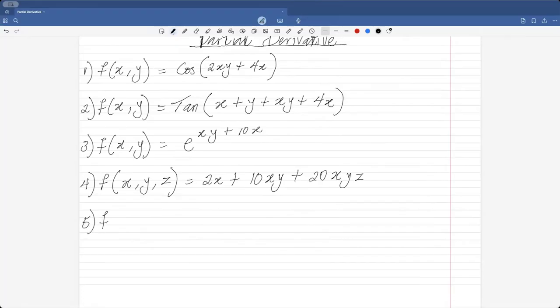And f(x, y, z) equals sine of yz plus 3xy plus 5xyz.